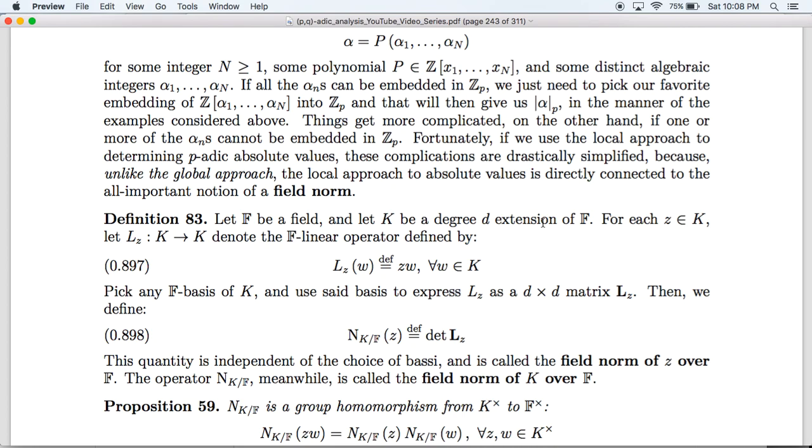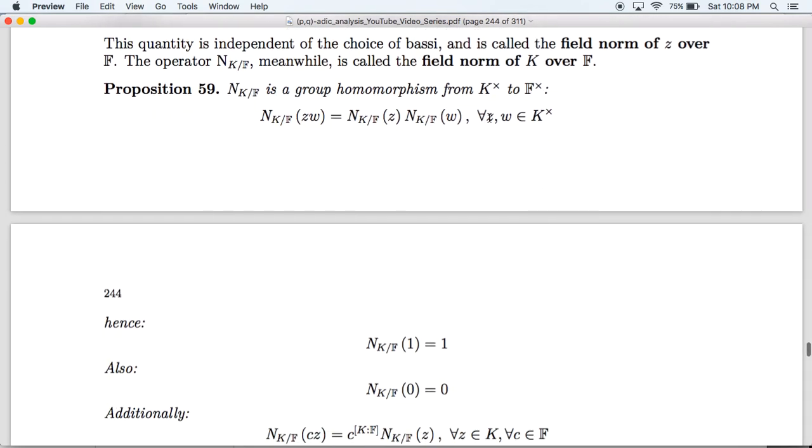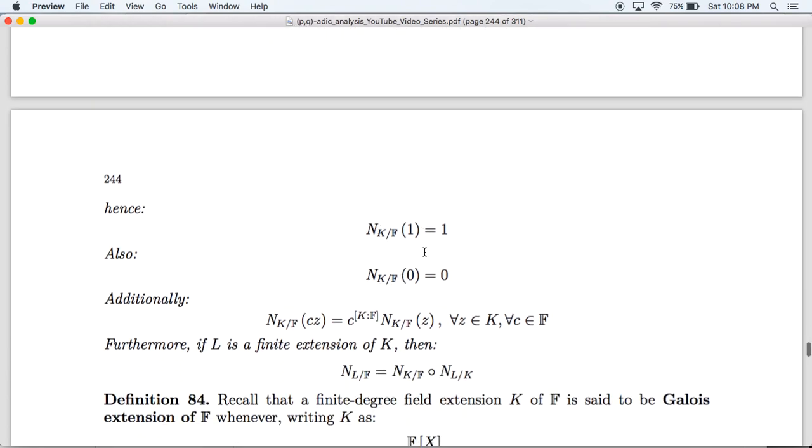It can be shown that this quantity is independent of the choice of basis, and it is called the field norm of z over F, and the operator N_K/F is called the field norm of K over F. N_K/F is a group homomorphism from the non-zero elements of K to the non-zero elements of F. It's a multiplicative map. It commutes with products. Hence, it sends 1 to 1 and 0 to 0.